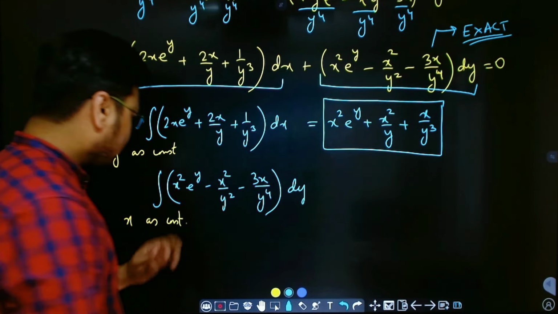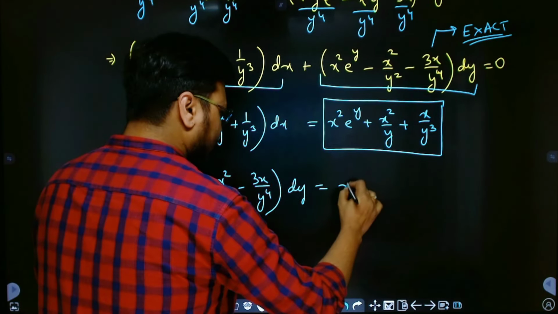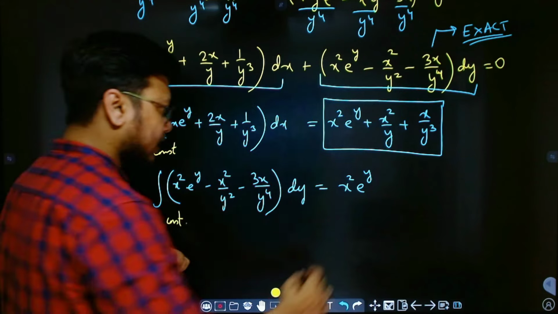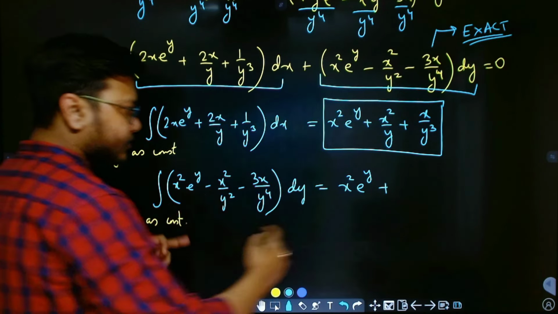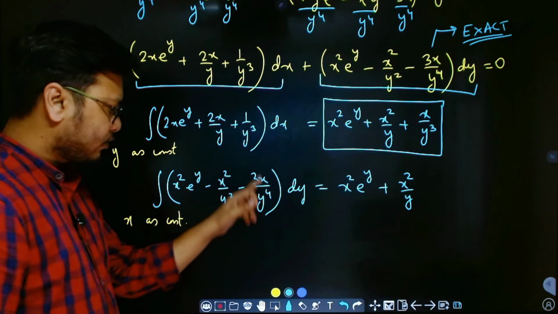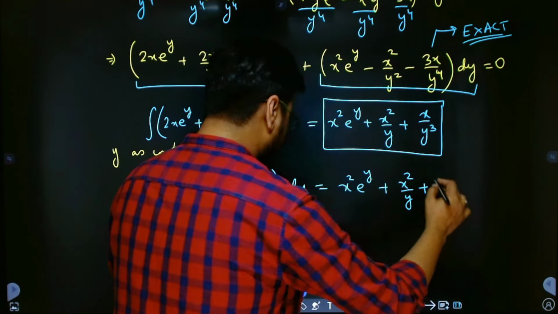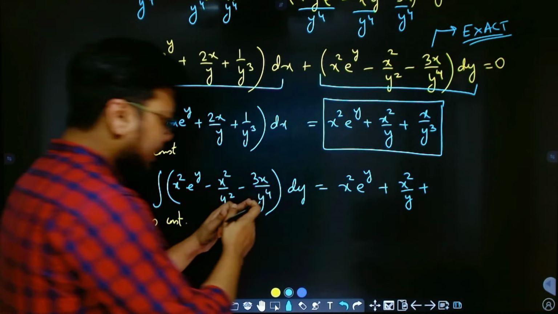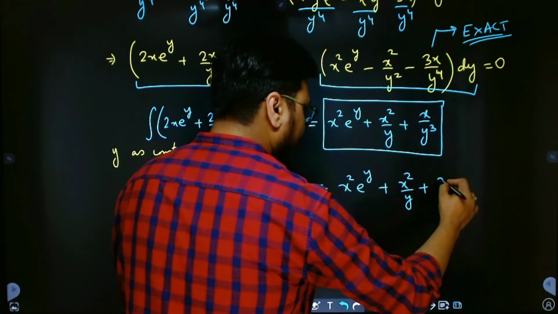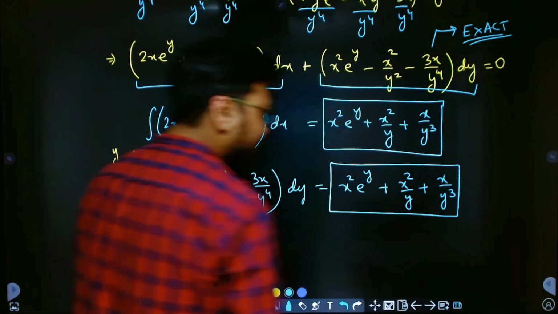The integration of e^y is e^y, so x² e^y. The integration of 1/y², the minus would become plus, x²/y. Again 1/y⁴, the minus would become plus, and the 3 will get cancelled from numerator and denominator after the integration, so x/y³. That is what we are getting from the second integration.